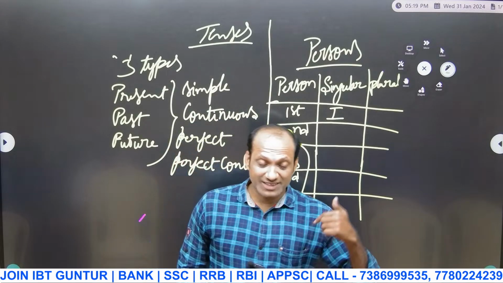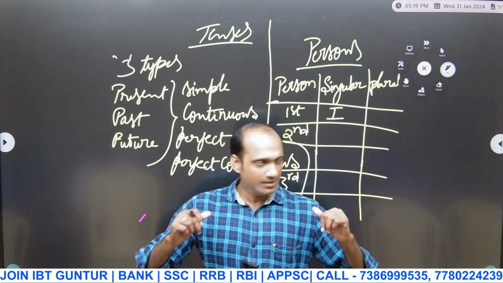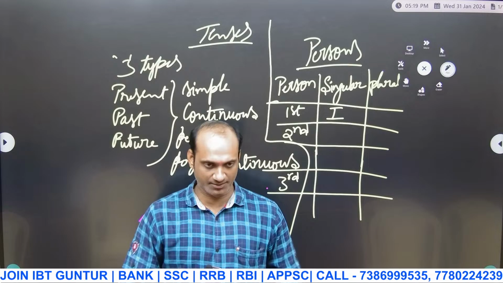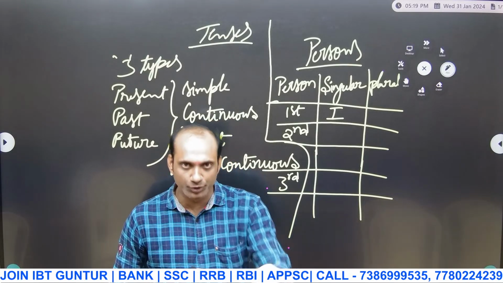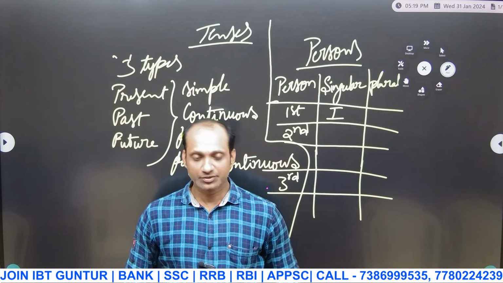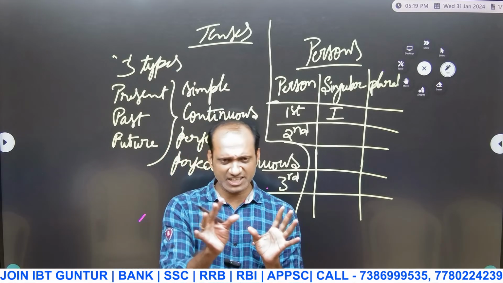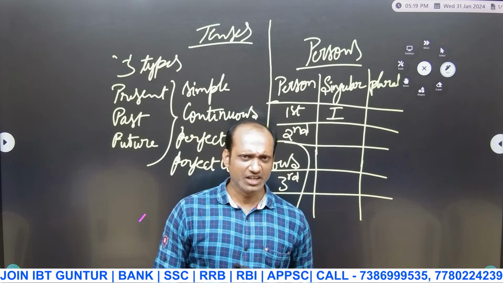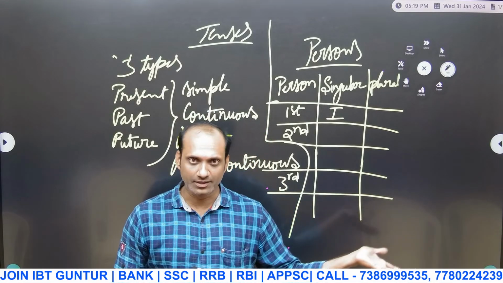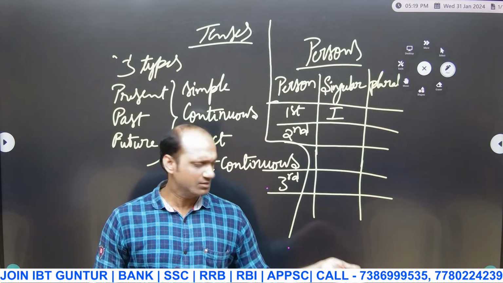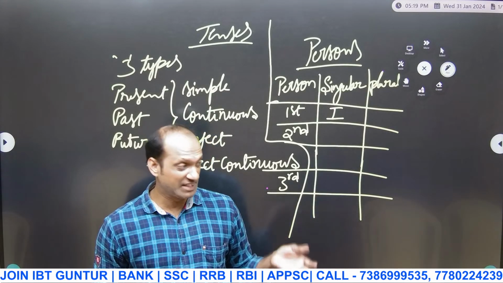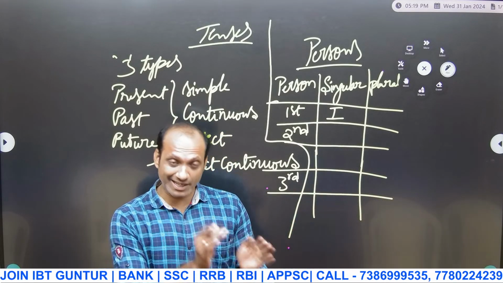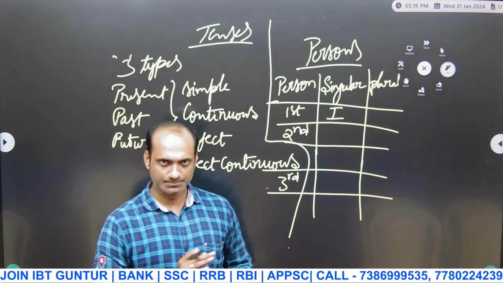So, when the person is talking to you, myself, I am the only first person because I have started the speech. I have started asking questions to you and you are answering my questions. So, you are the second person. If anyone interrupts, for example, somebody has entered suddenly, that person, if it is a boy, he, girl, she. If it is any animal, we can use it is a dog, it is a cat. If it is a thing, suddenly a door opens, it is a door. So, he, she, it for third person singular.